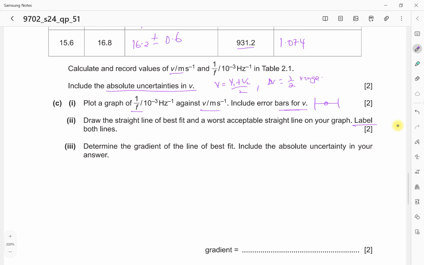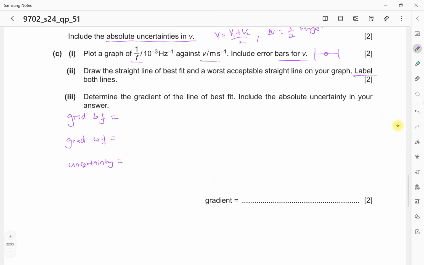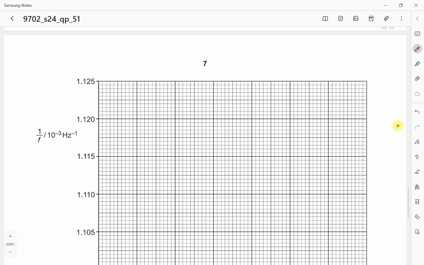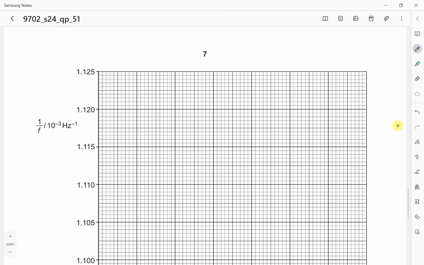To find the absolute uncertainty, we find the gradient of the best fit and the gradient of the worst fit, and the uncertainty is going to be the difference between those two. So let's go to the graph. I'm going to plot the points.